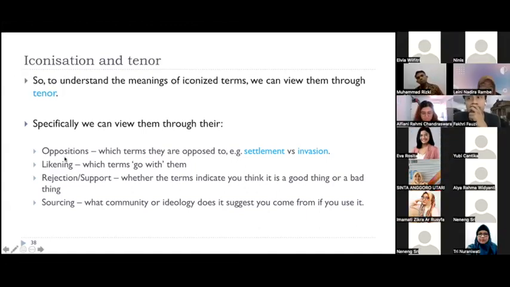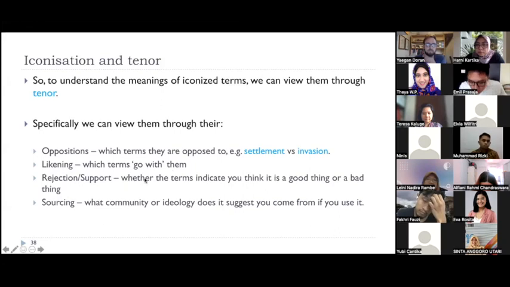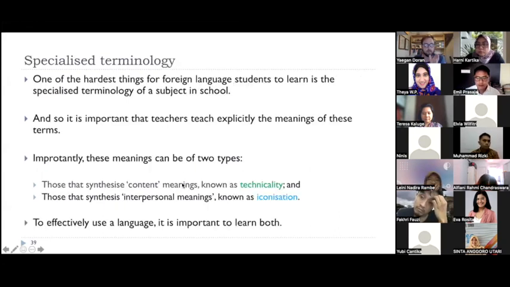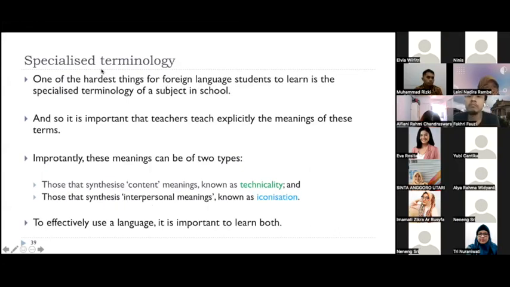Now, that doesn't necessarily mean you have to step through all of these, but I'm trying to offer you some tools for how you might step through these different meanings. There are different types of specialized terminology on top of technicality and iconization. But I think what I will do is finish there.